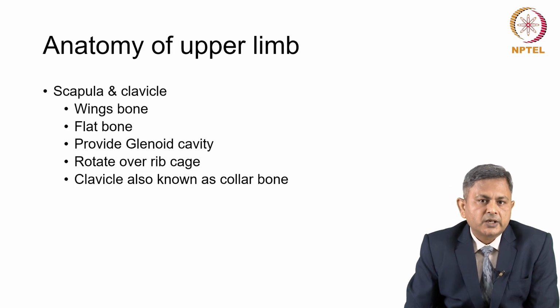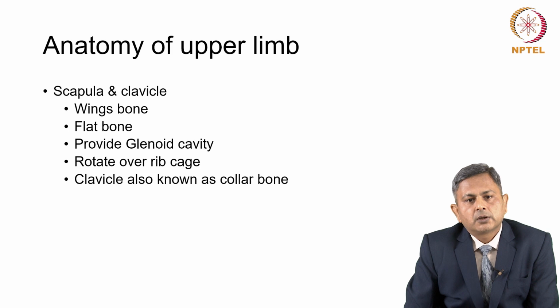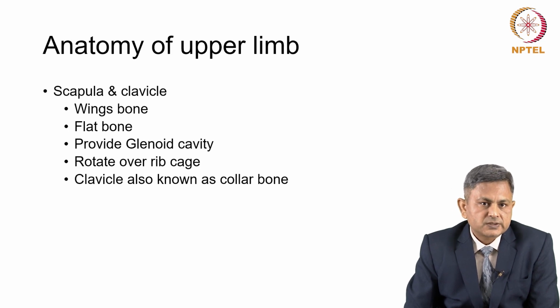But in the anatomical meaning, it consists of humerus, radius, ulna, wrist bones, that is carpal bones, metacarpal bones, and phalanges.